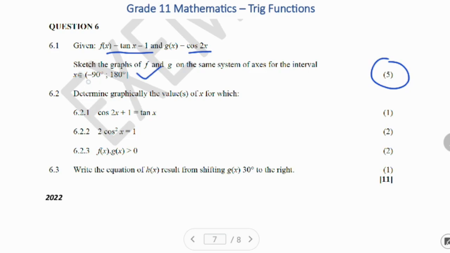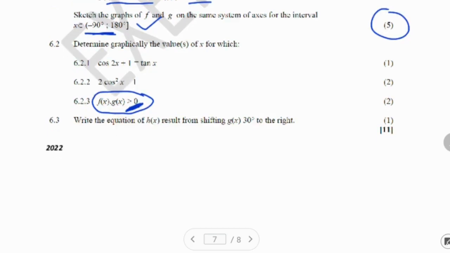That would be easy, using a start of minus 90 with an end of 180, and check the step. It might be 30, 45 or so on. And then you will see that question again. When will the product of the two graphs be positive? Because greater than 0 is a positive. So it's quite a common question.